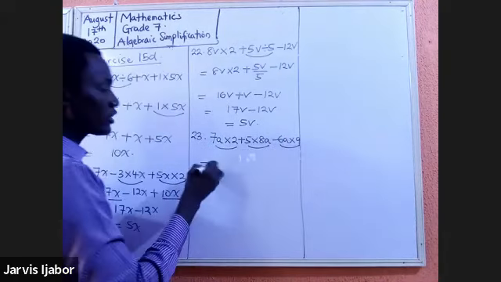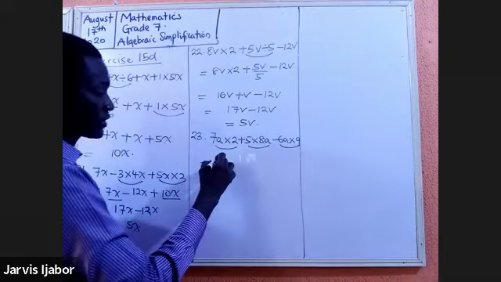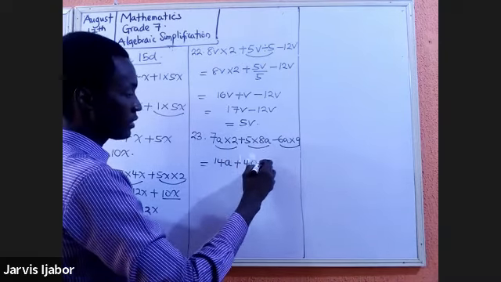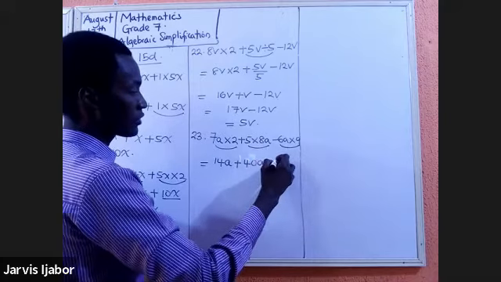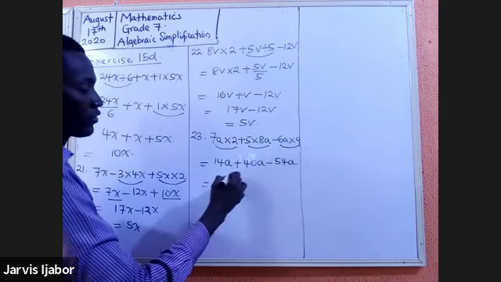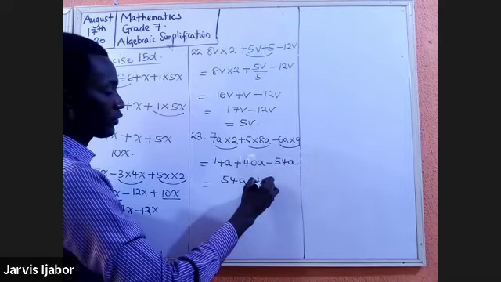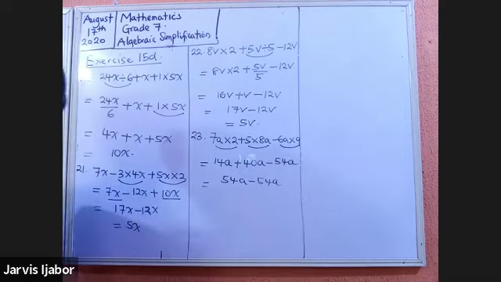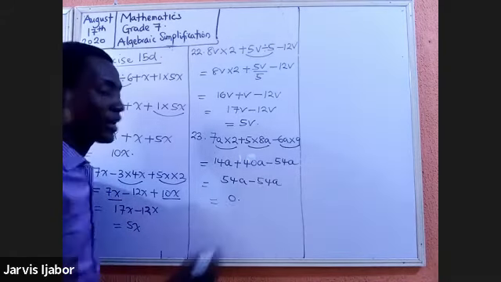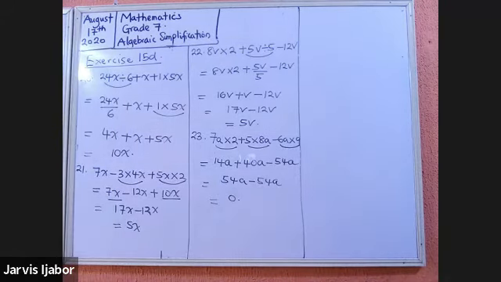And interesting, you can do them simultaneously. This will be 40a plus 40a minus 54a. What does this give you? This will give you 54a minus 54a. When two numbers are the same, we don't need to think so much. The answer must be what? 0. So that's for question 23.